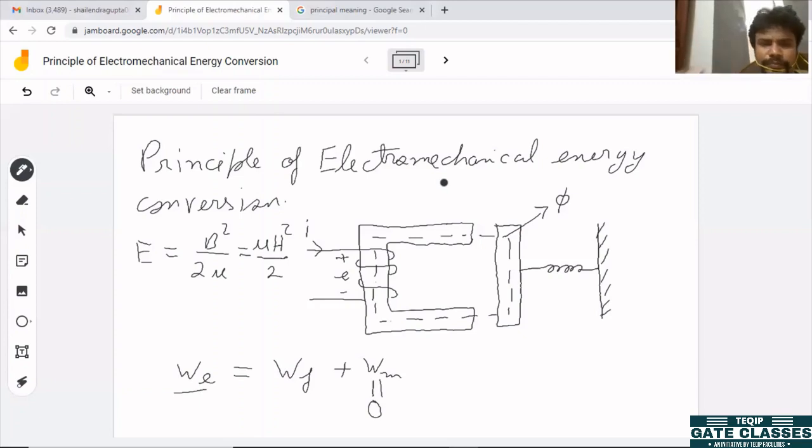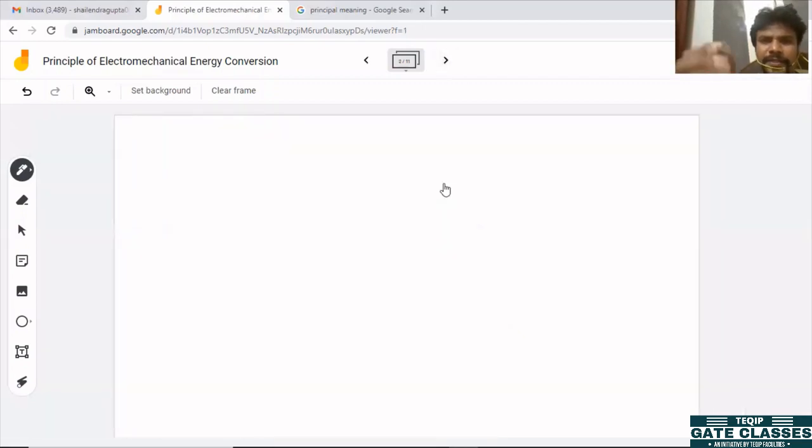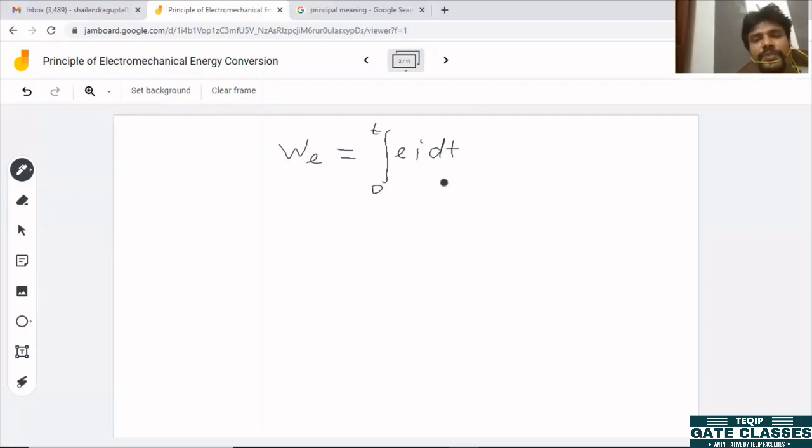Okay, so here that electrical energy input will be EI, and let us say we are studying for small time dt, so this will be like this. Okay, from 0 to t, let us say we are seeing the system from 0 to t.